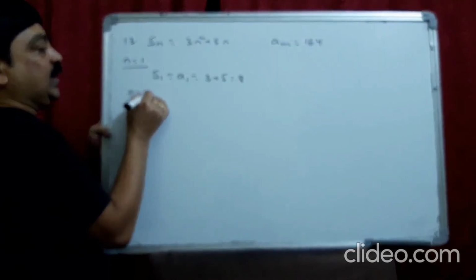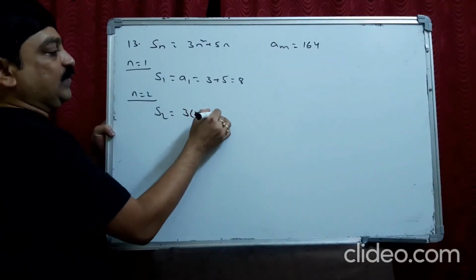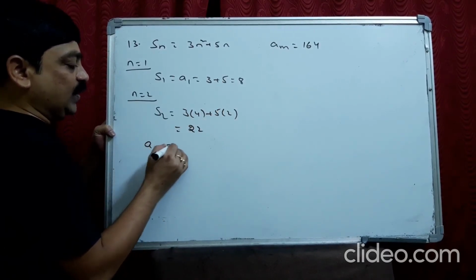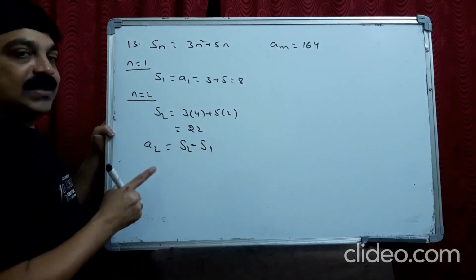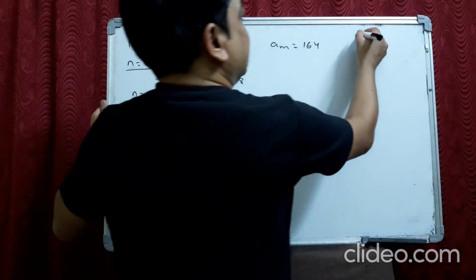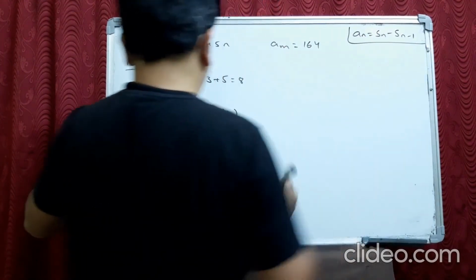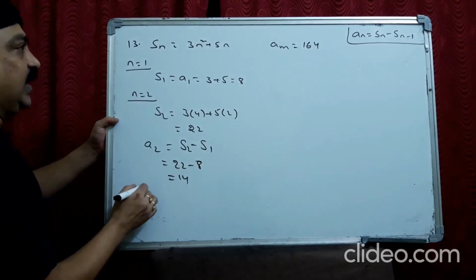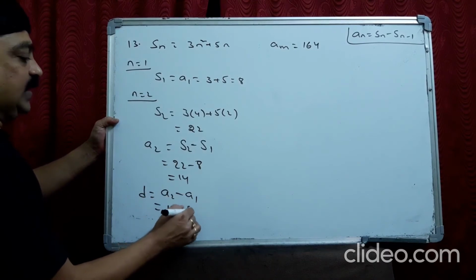If you take n equal to 2, you will get S2: 3 into 4 plus 5 into 2, 12 plus 10, 22. And a2 will be equal to S2 minus S1, according to the formula an equal to Sn minus Sn minus 1. So 22 minus 8 is 14.